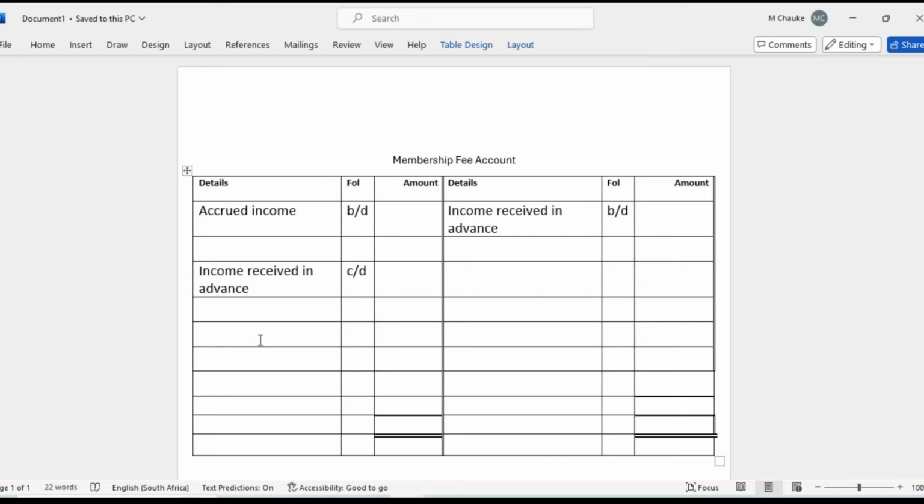And then we will also have income and expenditure.